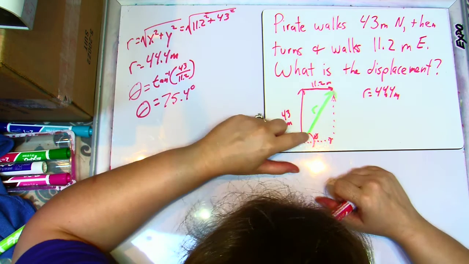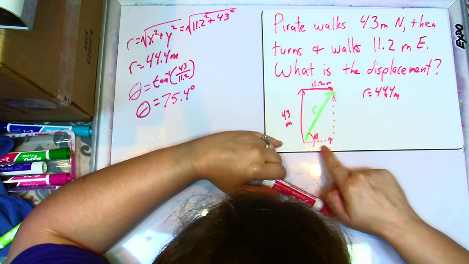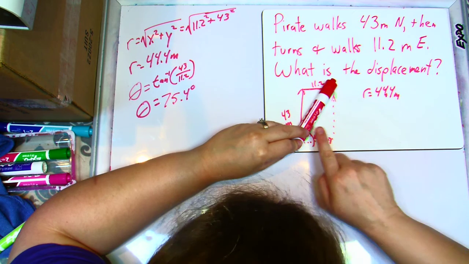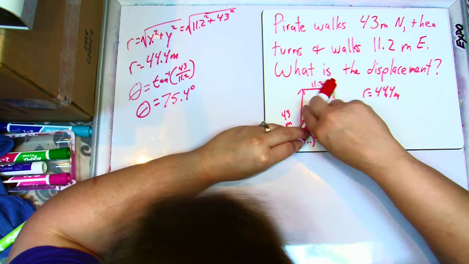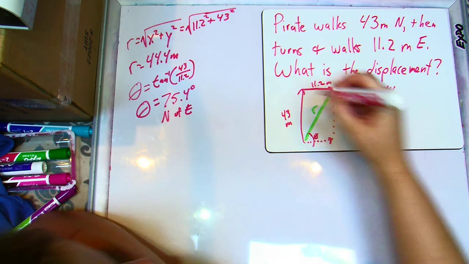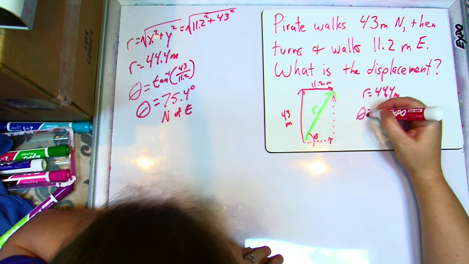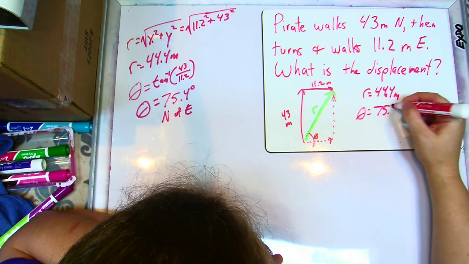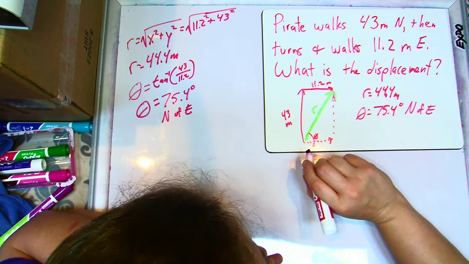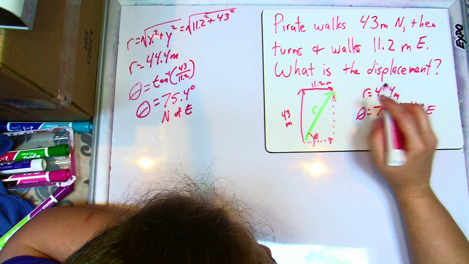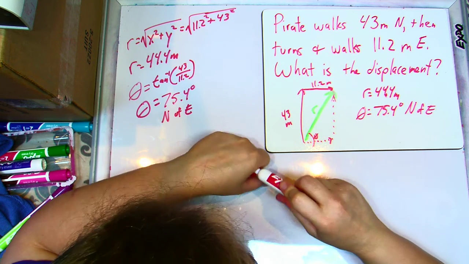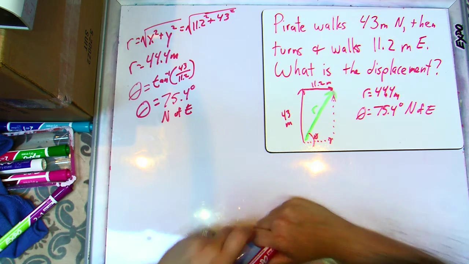And we can say, since we know this line is heading east, it is 75.4 degrees north of east. This is a complete answer. It tells me my displacement and the direction of the displacement, because displacement is a vector. It needs that direction.